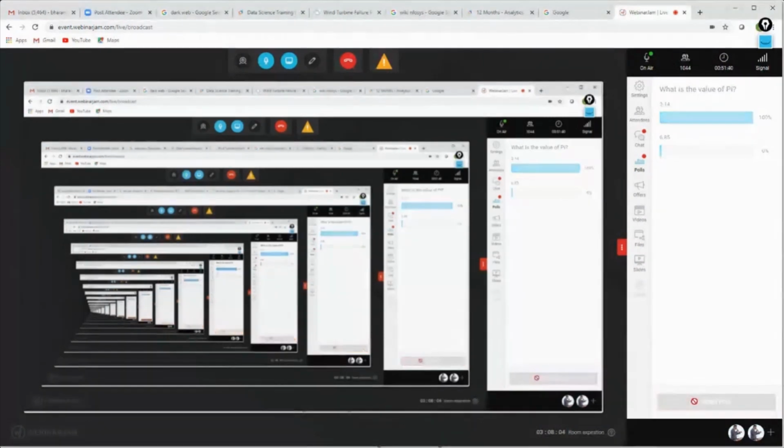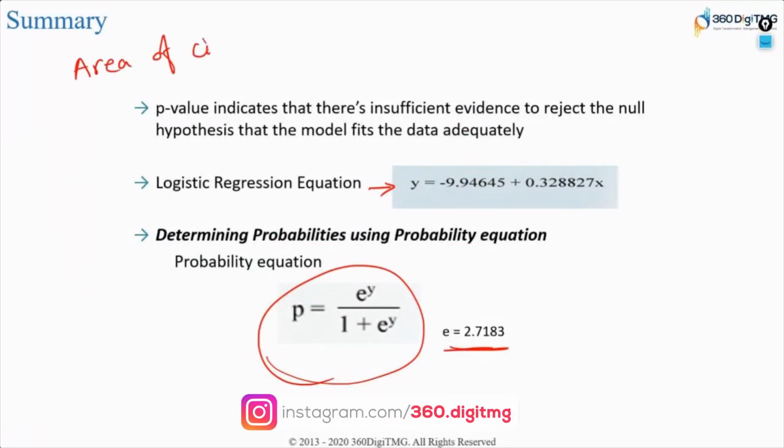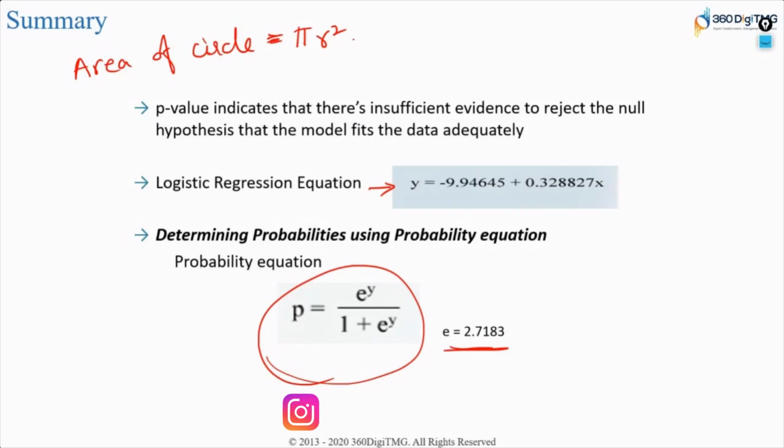You answered the question, right? This value of pi: the area of a circle is given as pi r square, and this pi is 22 by 7, which is 3.14.